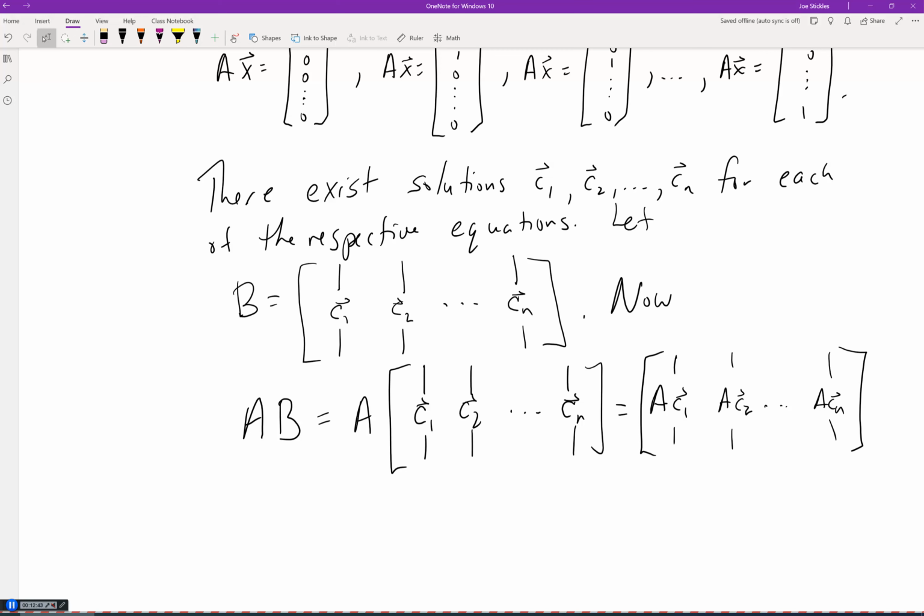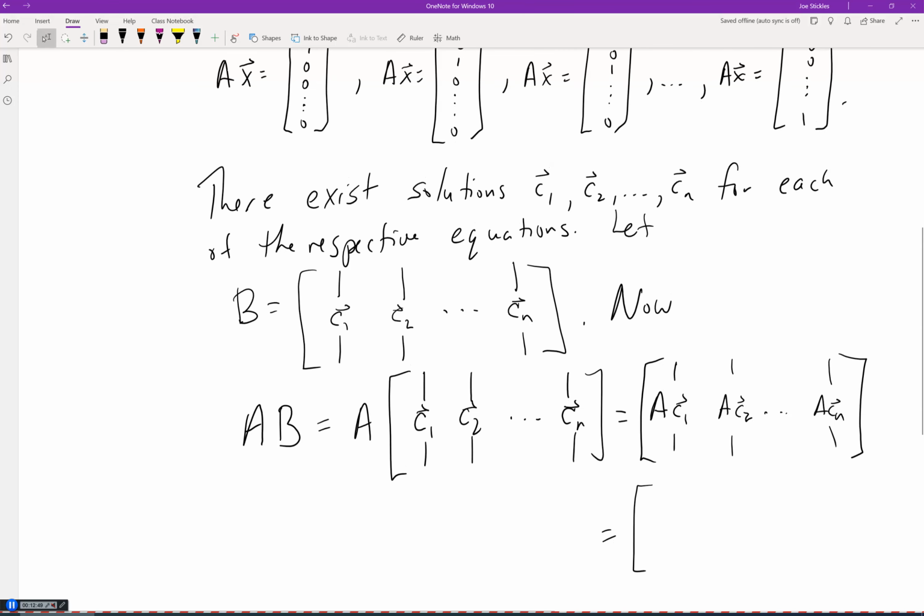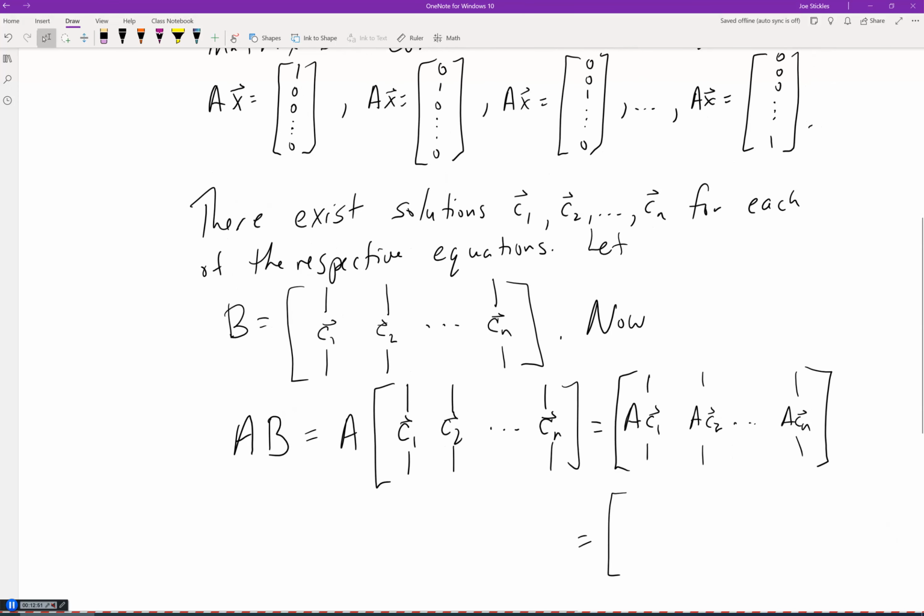What do each of those columns now have to be? What's the first column have to be? Which equation did C1 solve? The one with the 1 on the top, right? So this has to be 1, 0, 0, and down to 0. What does the second column have to be?